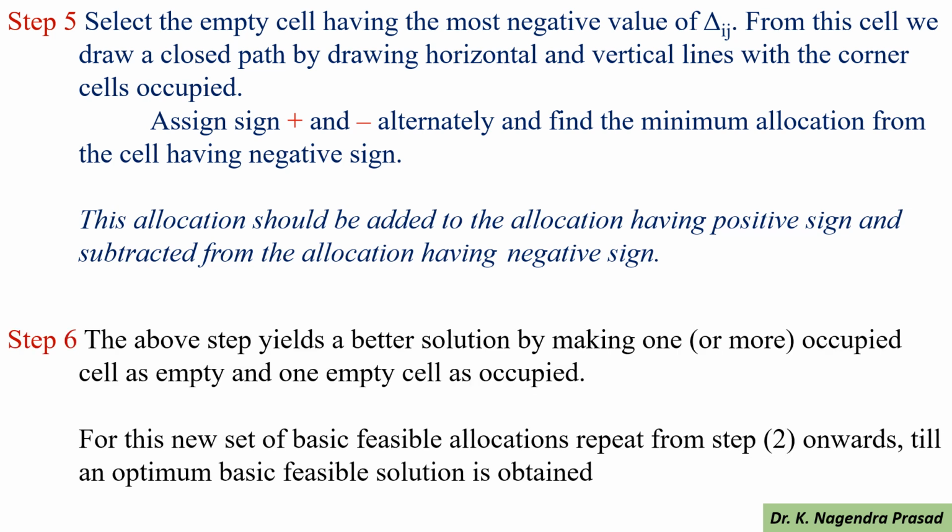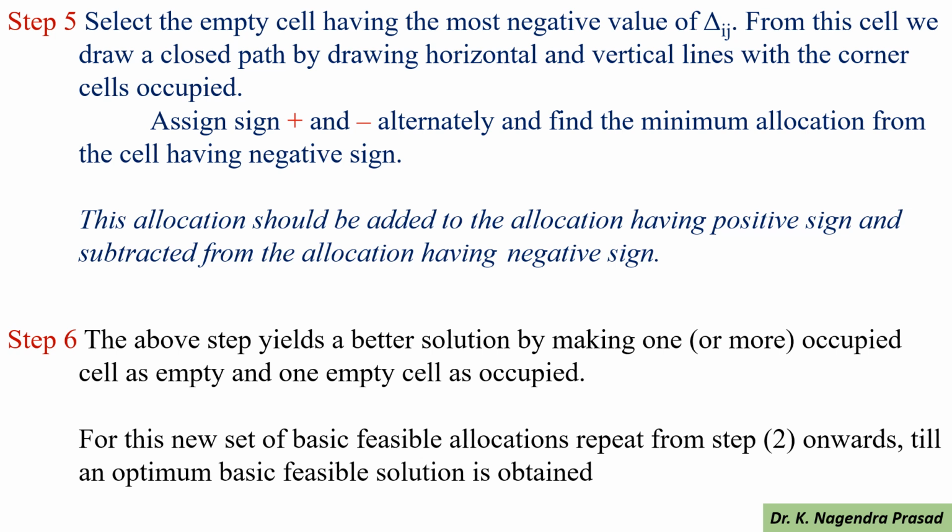The sixth step: the fifth step yields a better solution by making one occupied cell empty and one empty cell occupied. In the fifth step, we are modifying the allocations.